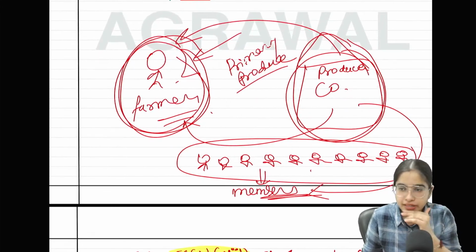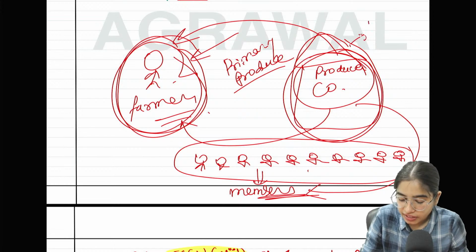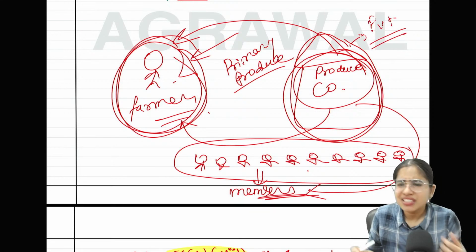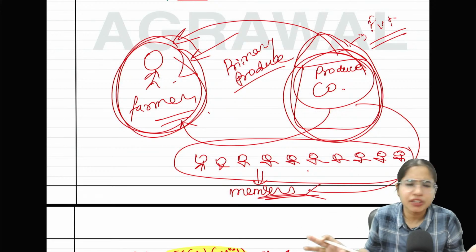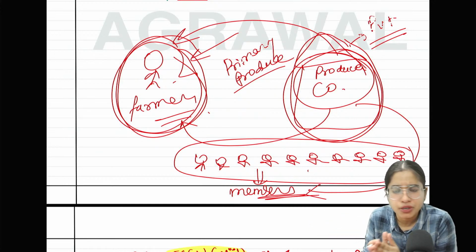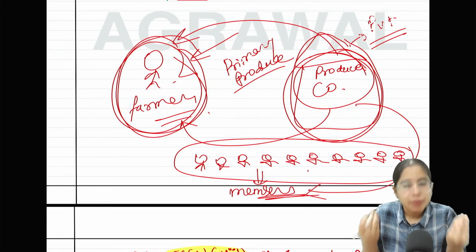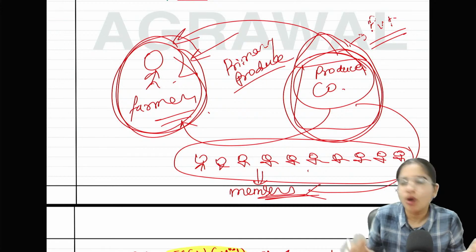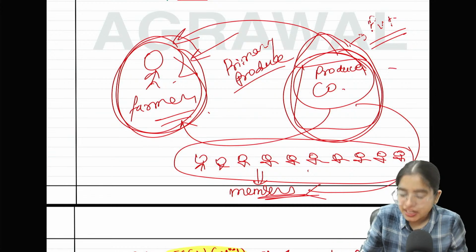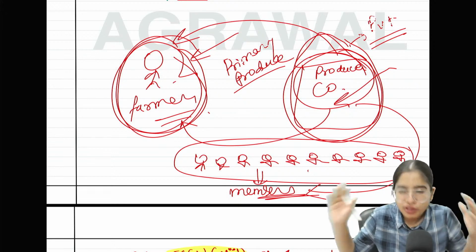Now, here one point is given that this producer company is always in the form of a private company. Why? Because this is a small company, 10-15 producers join together and form a small company. These companies are very small in nature, formed by small farmers. We cannot say that this is a public company. Why? Because a public company is subject to a lot of compliances.